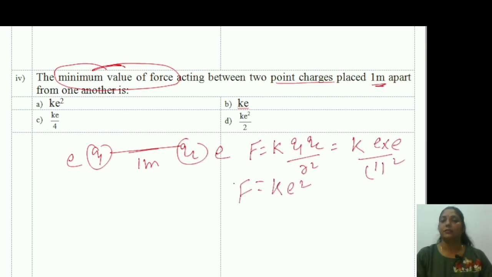Which option is correct? F equals K E square. Option A is correct. In this way you solve this question. One key point is given here, minimum value. From this minimum value you easily understood that the charge is an electron. In this way you solve question number 4.